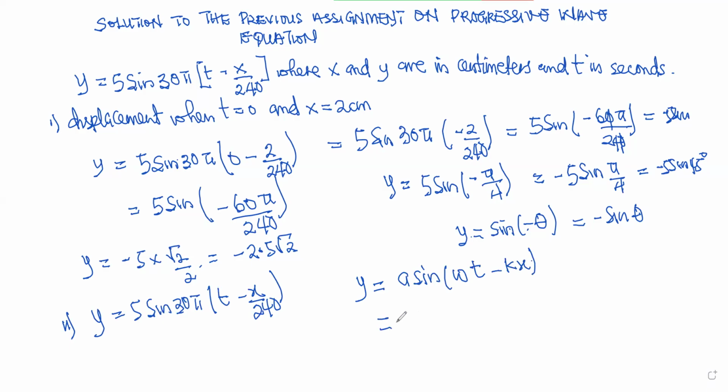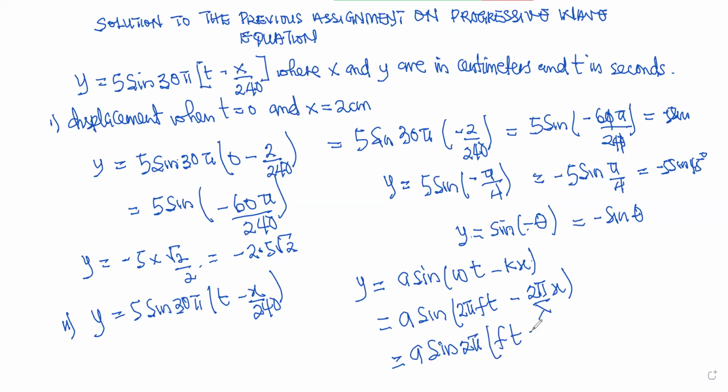When you expand this by substituting ω as 2πf and k as 2π over λ, because of the common 2π, you can factorize out 2π and have within it (ft minus x over λ).